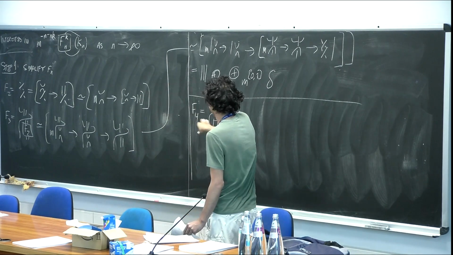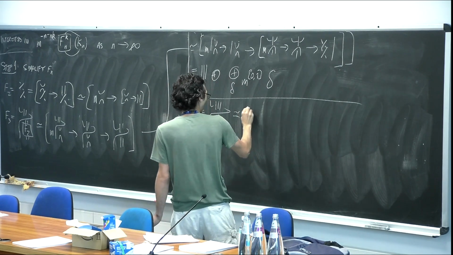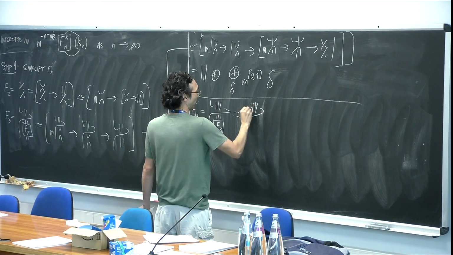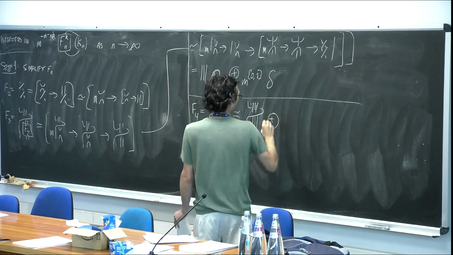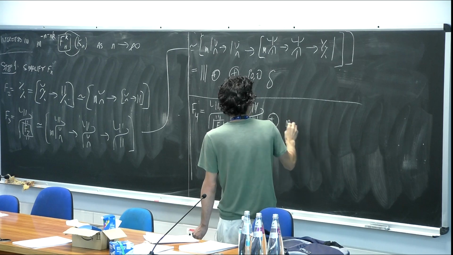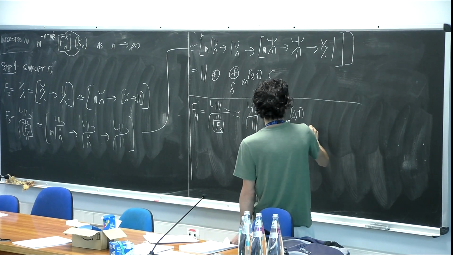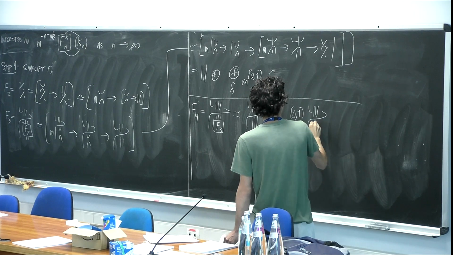So the groups for this guy: there's this one, plus either 0 or 1 shifted copies of things like this.